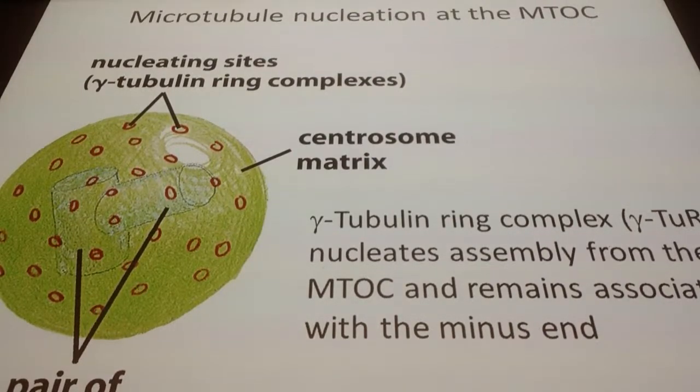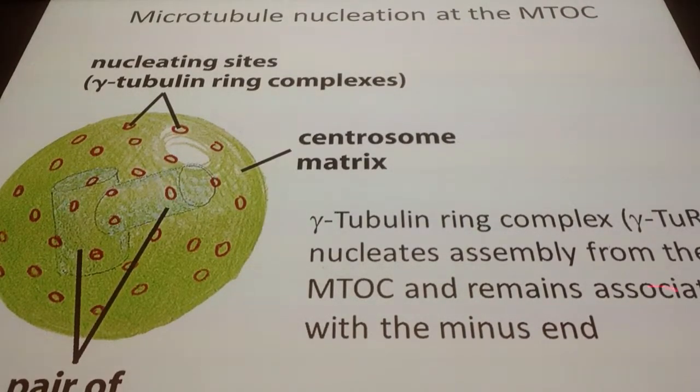Remember, there are three types of tubulin: alpha, beta, and gamma. And alpha and beta are used to produce a microtubule. So the gamma tubulin are not a part of the microtubule, but they are a part of this ring complex that catalyze or aid in nucleation of microtubules.